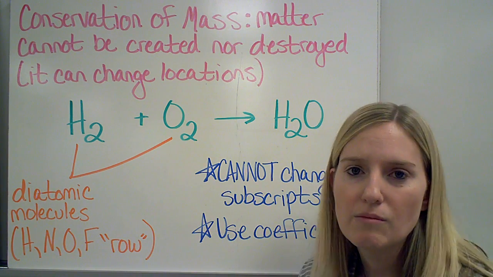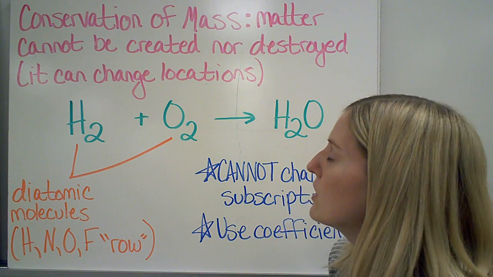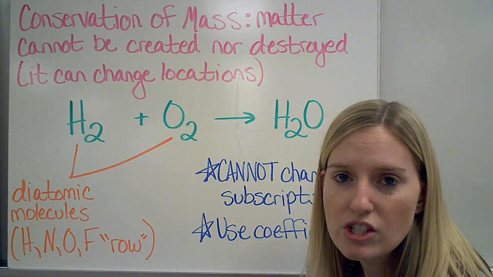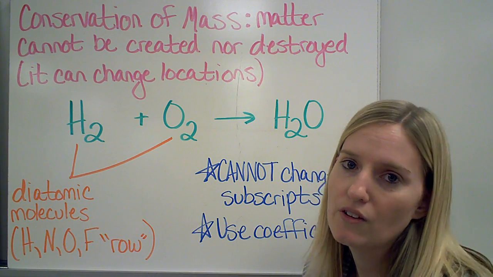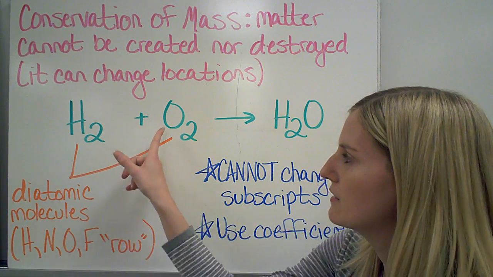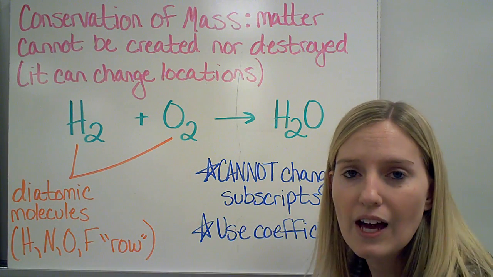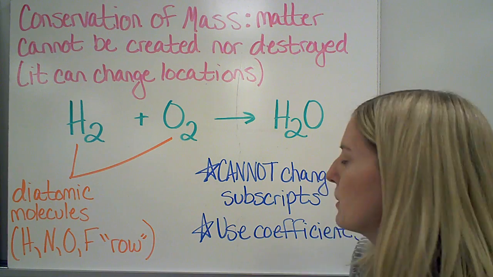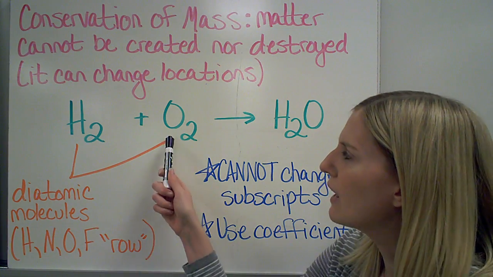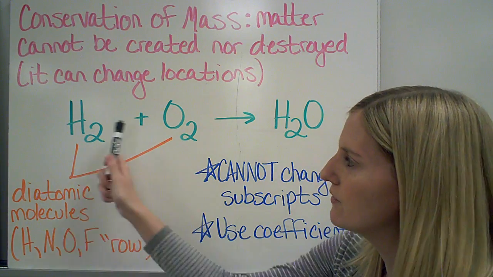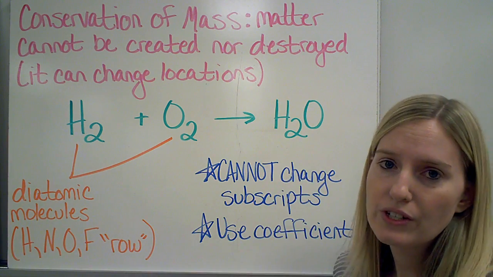But I can use something called coefficients. Coefficients are large numbers that go in front of either the element, as I have over here, or in front of the compound. So I'll show you how that works. I have 2 oxygens on the reactant side of the arrow, but I only have 1 over here.